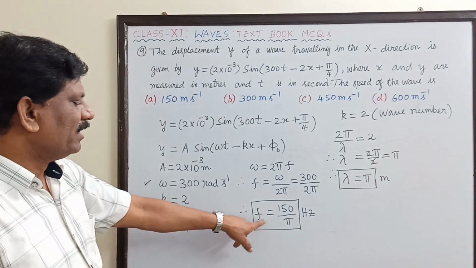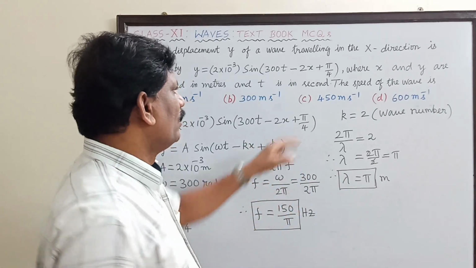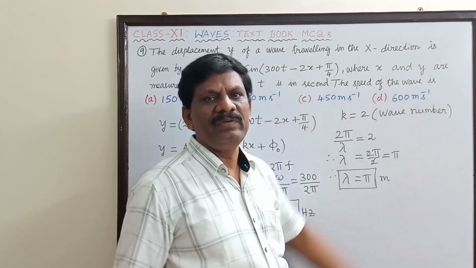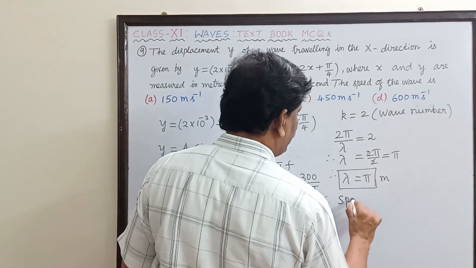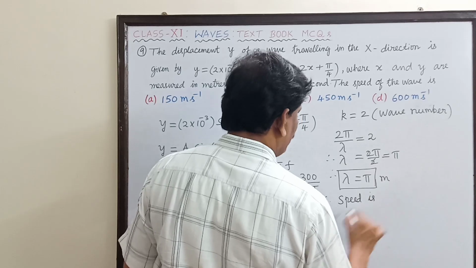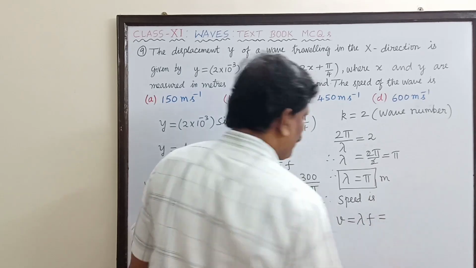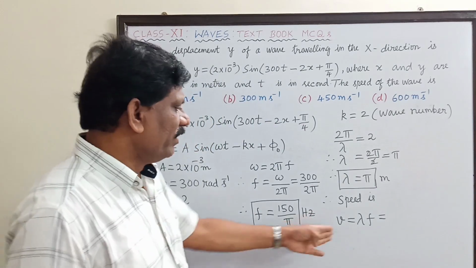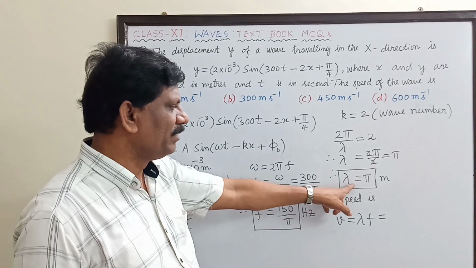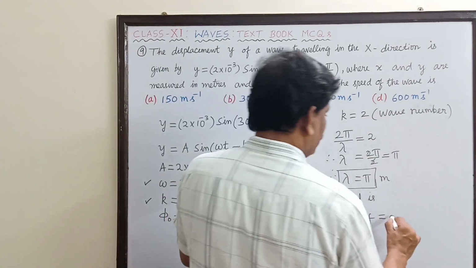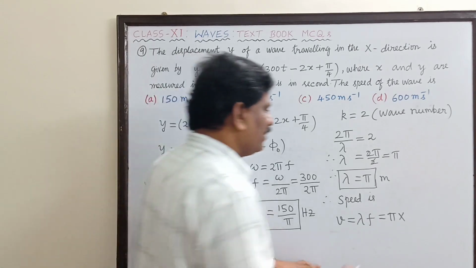So we have determined the frequency and the wavelength of the progressive wave. Now, what is asked? The speed of the wave is to be determined. Therefore, the speed is given by v is equal to lambda into f. Is it not? Wave velocity is equal to the product of wavelength and frequency. So in place of lambda, I will substitute pi, and in place of frequency, 150 by pi.